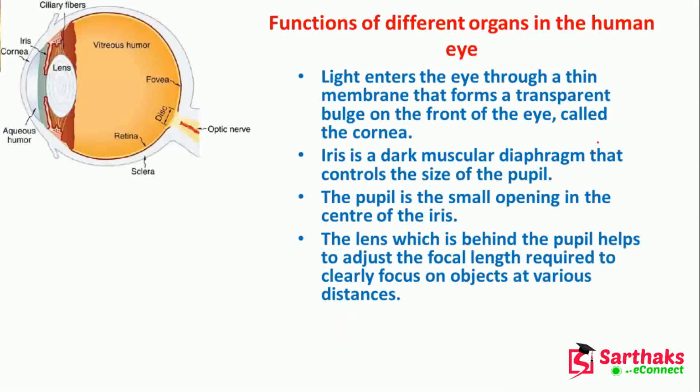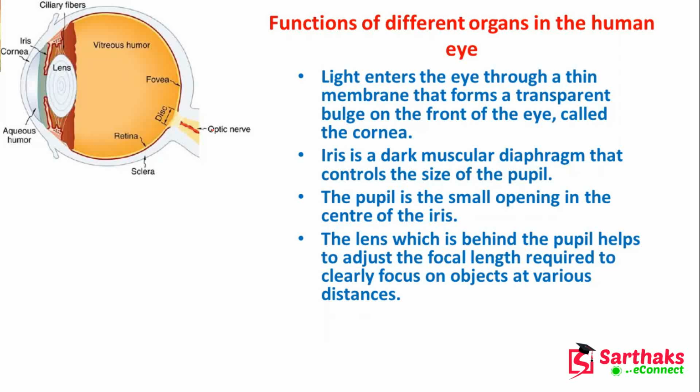Here you can see the iris, cornea, aqueous humor, ciliary fibers, vitreous humor, fovea, disc, retina, sclera, and optic nerve.